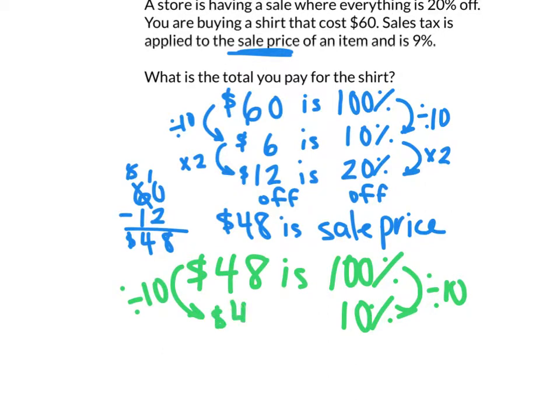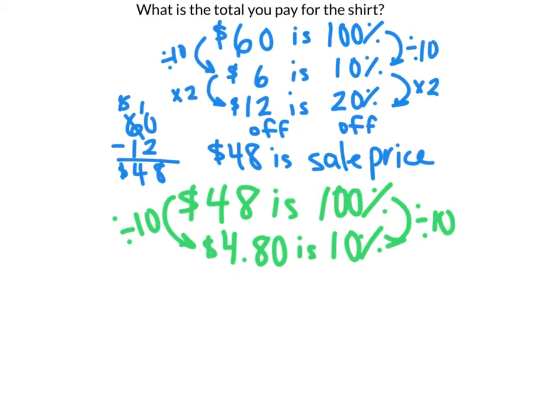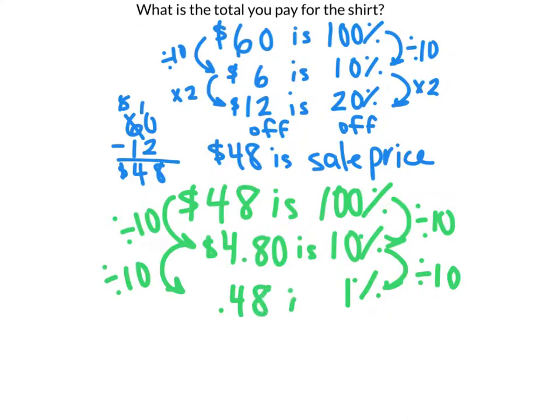And that means that $4.80 is 10%. And I'm really close to 9%. I'm just 1% away. So I'm going to find 1% by dividing by 10 again. And that means that 48 cents is 1%.